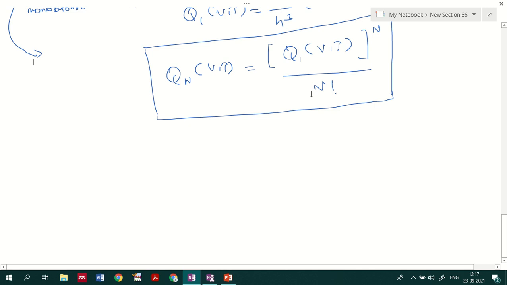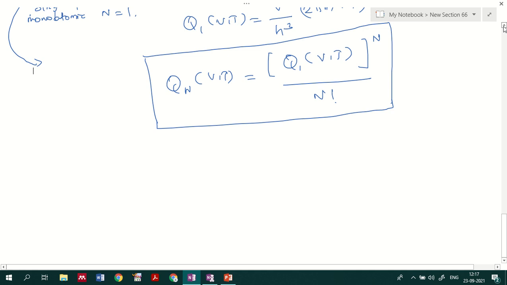Okay, so this is how the partition function for a classical ideal gas is obtained. We said that it is a non-interacting case. So for a non-interacting monoatomic ideal gas, the corresponding partition function will be Q_N(V, T) equal to Q_1(V, T) raised to N divided by N factorial.